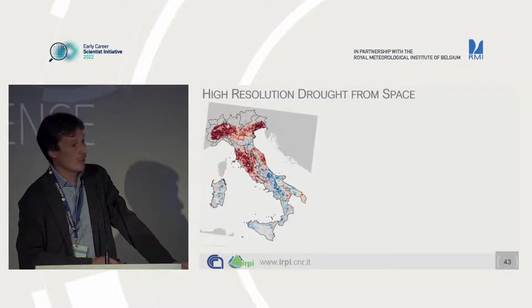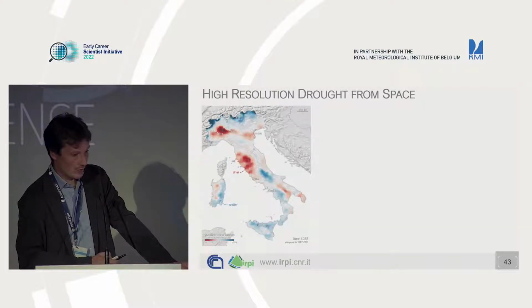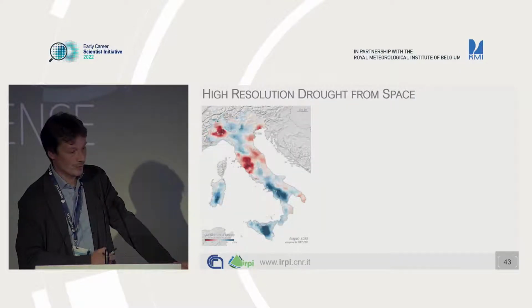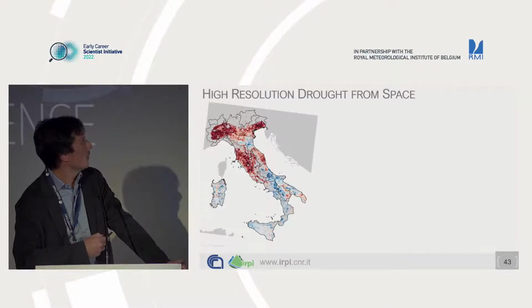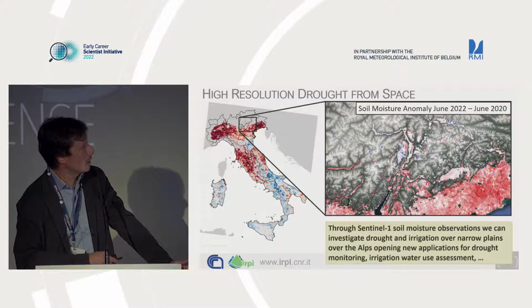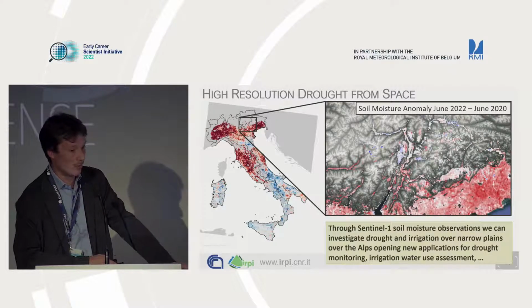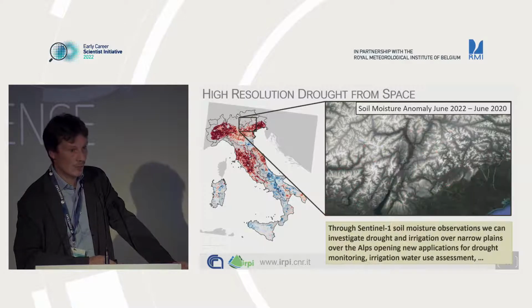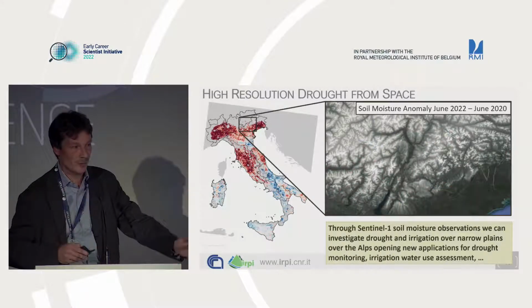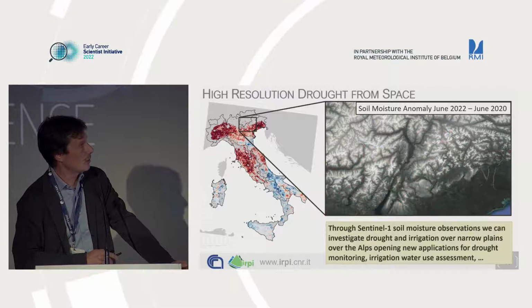But now we have Sentinel-1, so you can really see the difference in the resolution of the two. This is for June, and with Sentinel-1, we can track soil moisture not only over the big plain, but here you have the valley along the alpine area, a very narrow valley. And so with this product, we can really see soil moisture variation over the narrow valley.